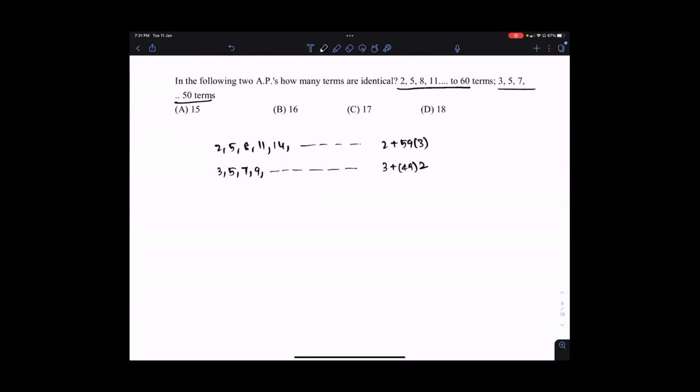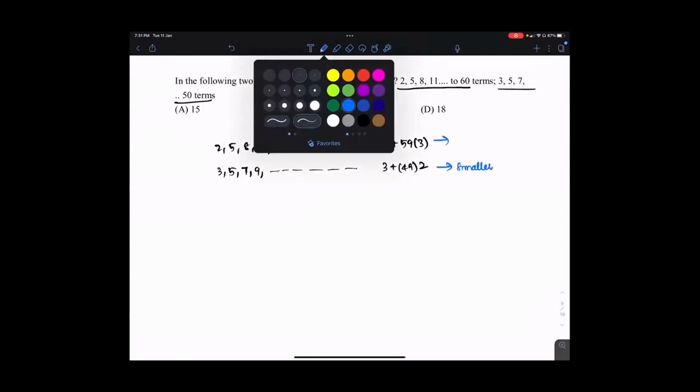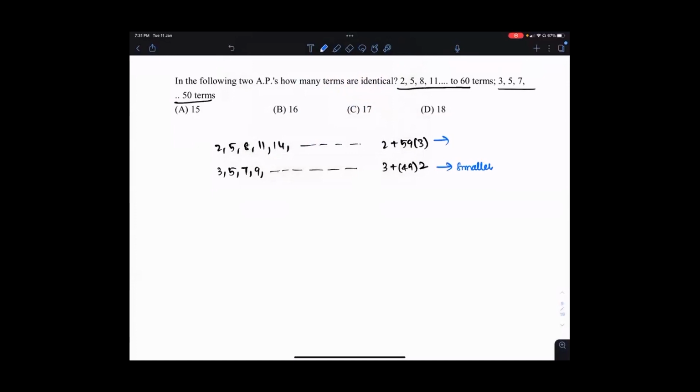So if you see, this second AP is finishing a little faster compared to the first AP. This is the smaller AP, you can say, since the terms are also fewer. Now, they're asking the number of common terms.